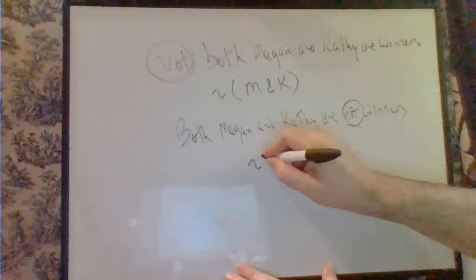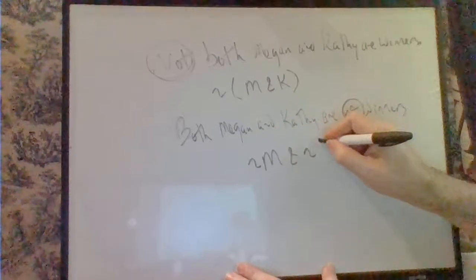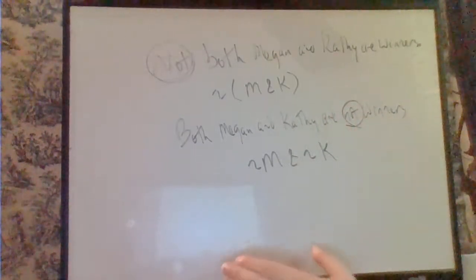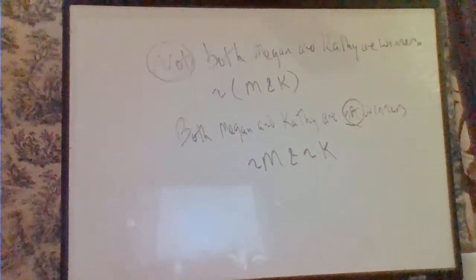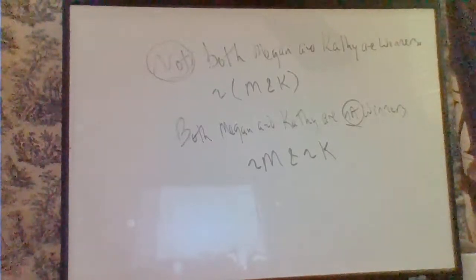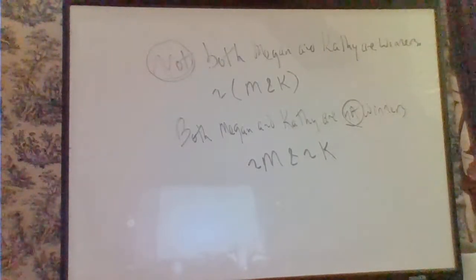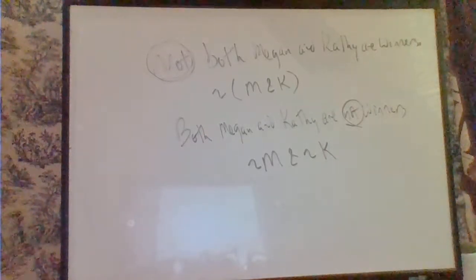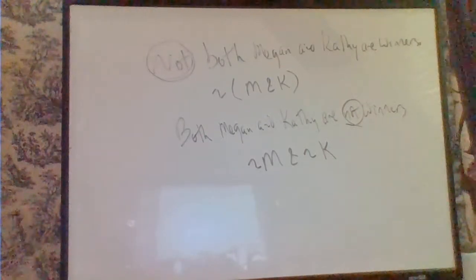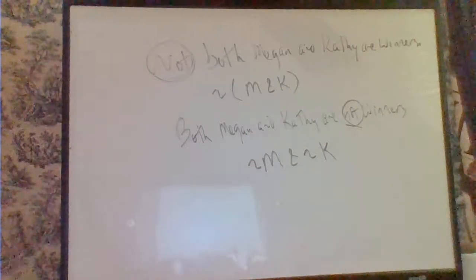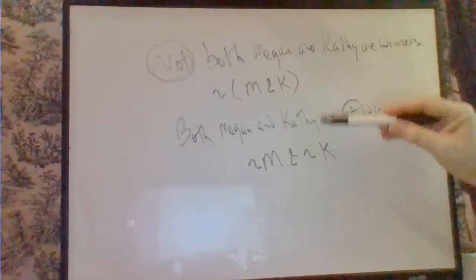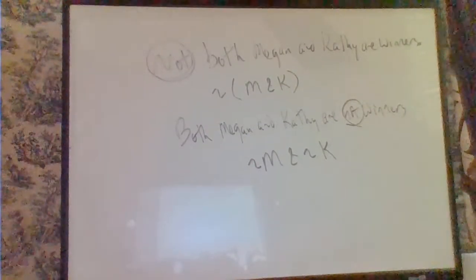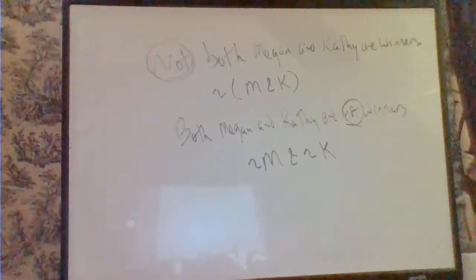So you would have tilde M and tilde K. And that is an important thing when we start looking at the translation and being able to test for whether it's valid or not, testing for the truth value of individual statements as well. Is it like this or is it like that? Because they will work out to different values. So it's important that you do the translation right.